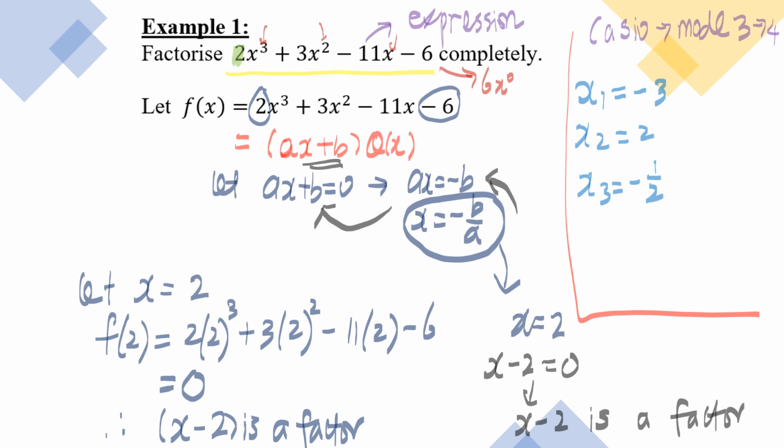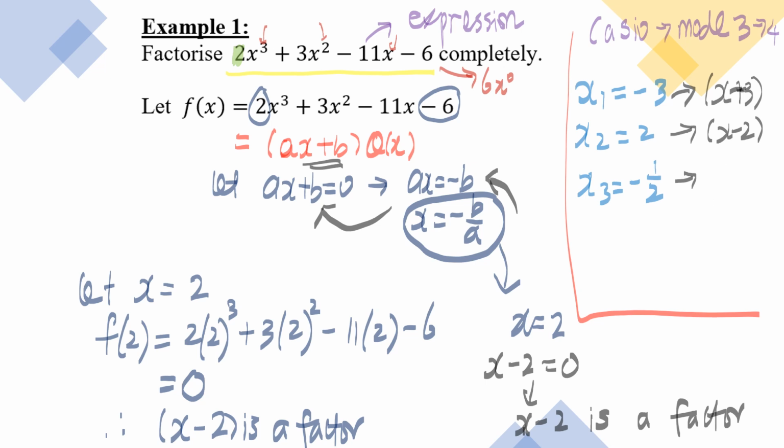If you were to convert it back, you will have x plus 3, x minus 2, x plus half, which you have to write as, wait, hang on, you cannot write it as x plus half.